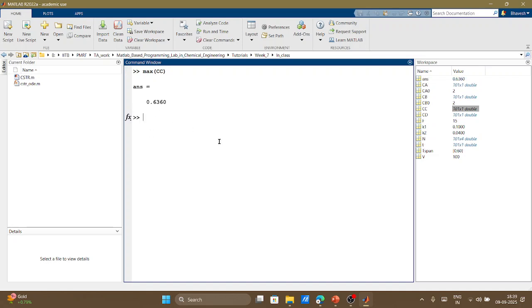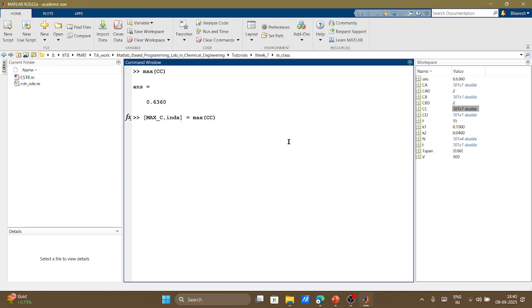So the maximum concentration is 0.6360, but which time does it correspond to? I don't know, right? So for that, you can modify the maximum command. Here I can put max C, put the corresponding index IDX, and run the command.